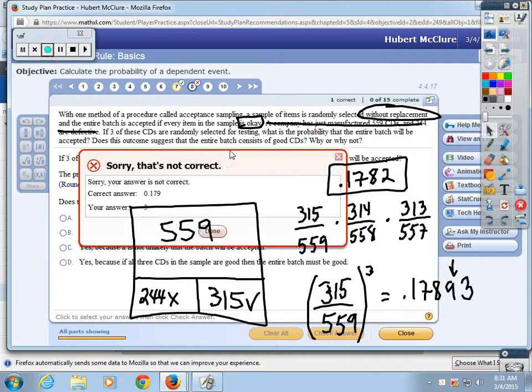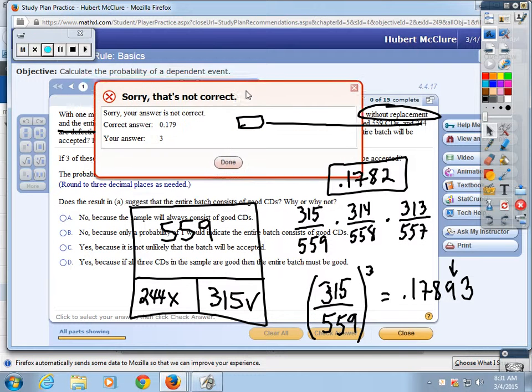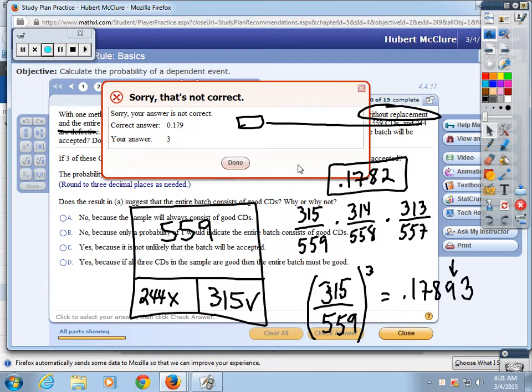They usually give a tolerance there. The reason I put in the wrong answer is so it would do this. Usually they put a tolerance in there of 0.001 plus or minus, but I don't see it in this one.